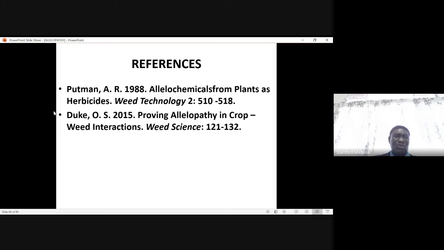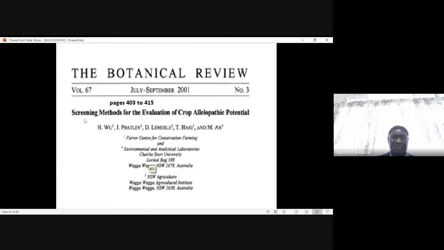And also Inderjit is talking about the methods of demonstrating allelopathy in crop weed interactions. Also, this other paper, you can always follow these papers. Some are useful. Some papers, you may not like them.